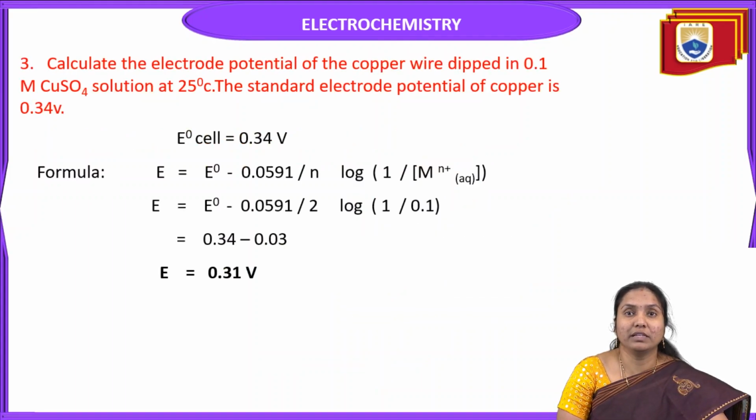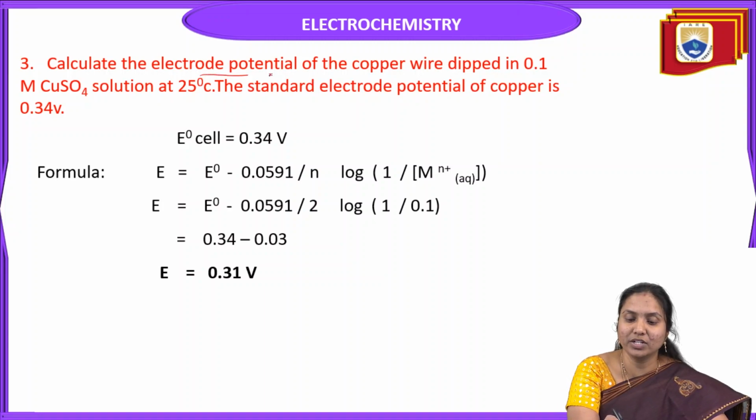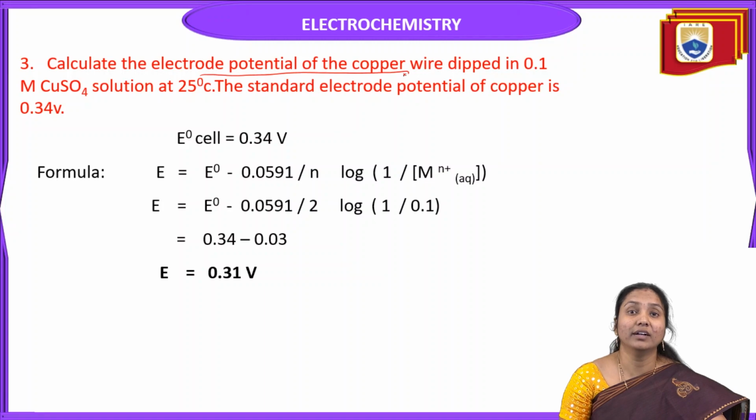One more problem based on EMF. Calculate the electrode potential of a copper wire dipped in 0.1 M copper sulfate solution at 25 degrees centigrade.